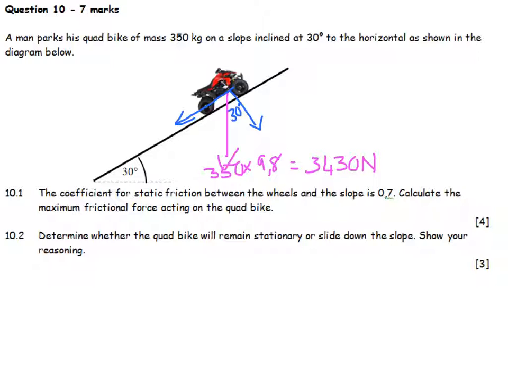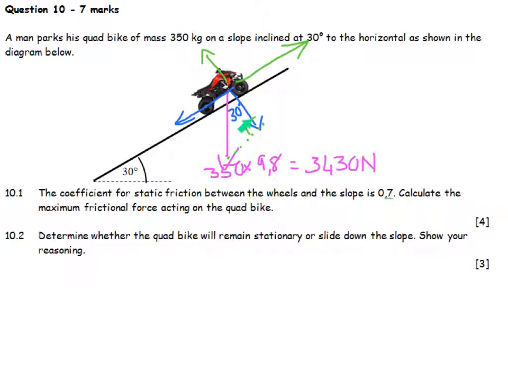We are expected to calculate the maximum frictional force acting on the quad bike. So in other words, we would like this force that is acting up the slope. Before we can work out friction, we first need to work out the normal. So let's do that. We can close up this triangle over here. There's my 90 degrees, and I land up with an adjacent. I'm trying to find this normal over here.